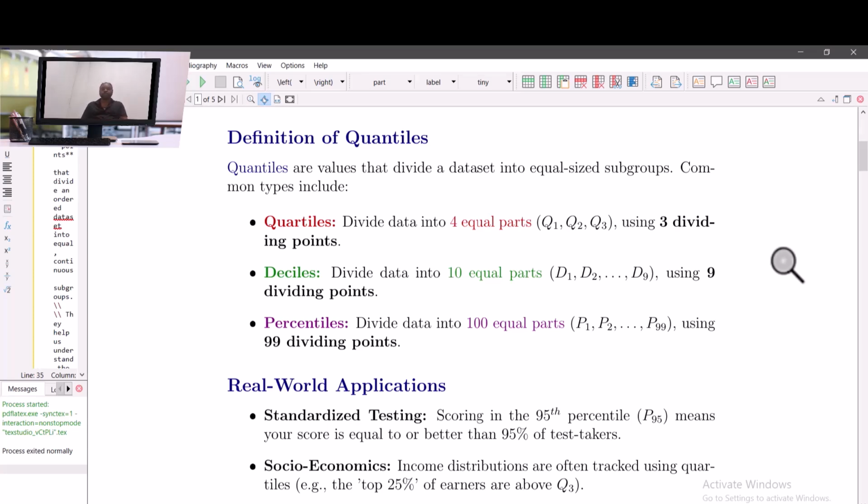Deciles are data points dividing the data into 10 equal parts, where the dividing points are 9. The third common quantile is percentiles. Percentiles divide data into 100 equal parts, where the dividing points are 99.